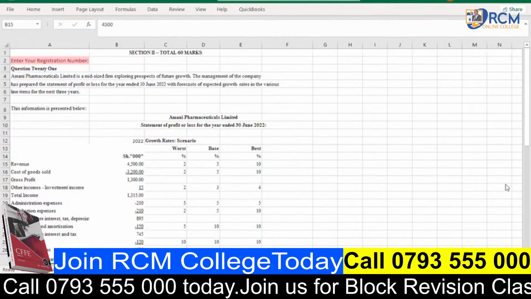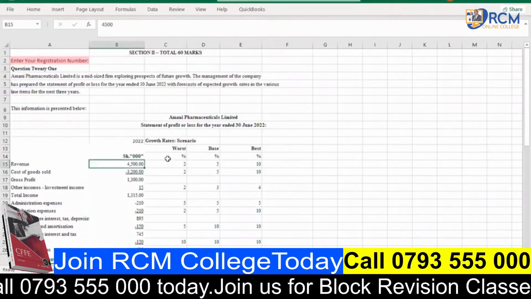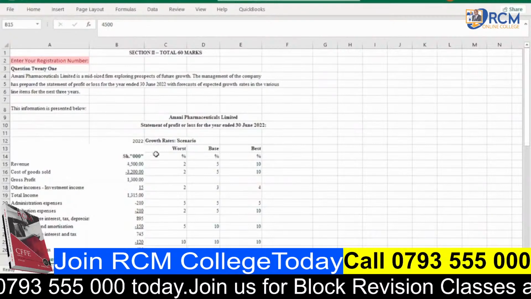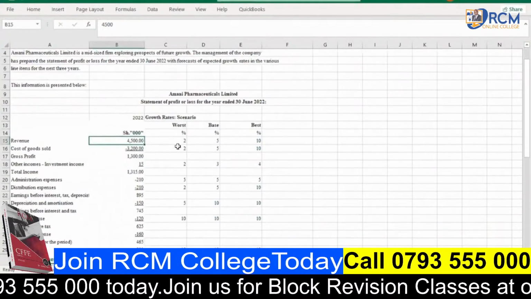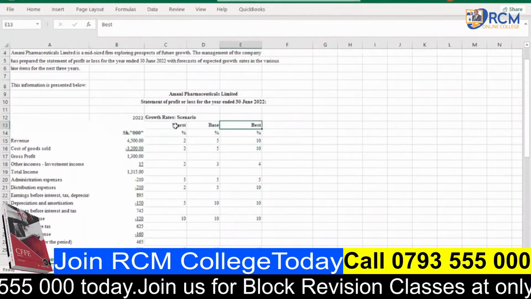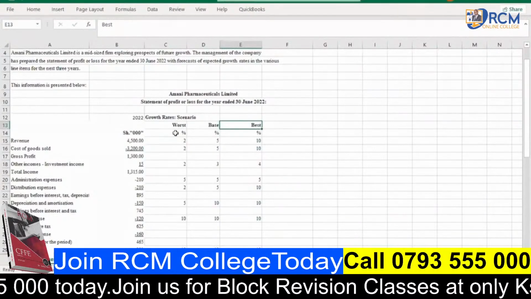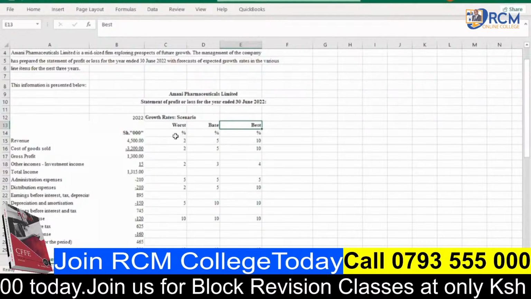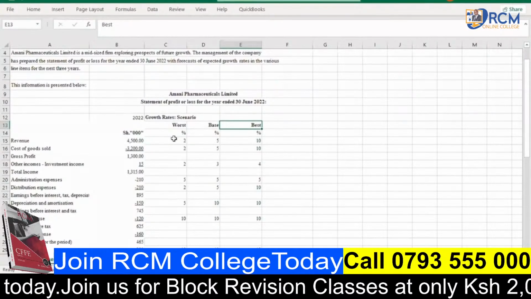Okay, so let's proceed with this. So we have this one here. For you to tackle this, first of all, assume that you don't have base and best. You are only given worst. Then work out everything for worst for the next 3 years. Then after that, come and look for the information for base.